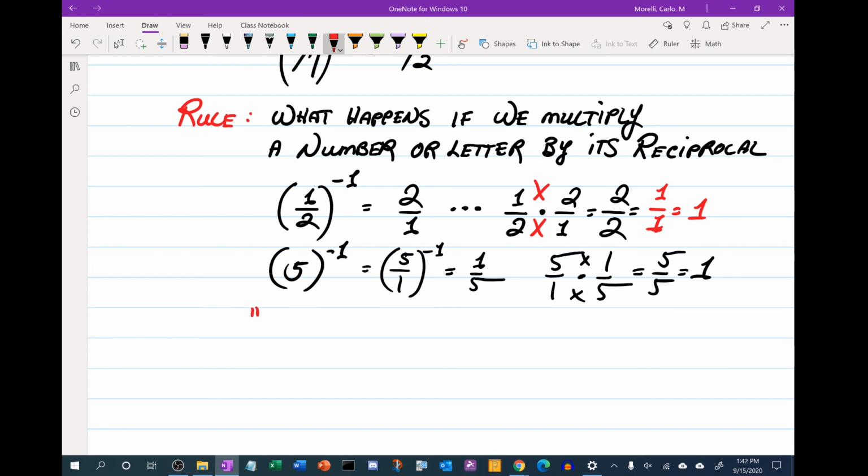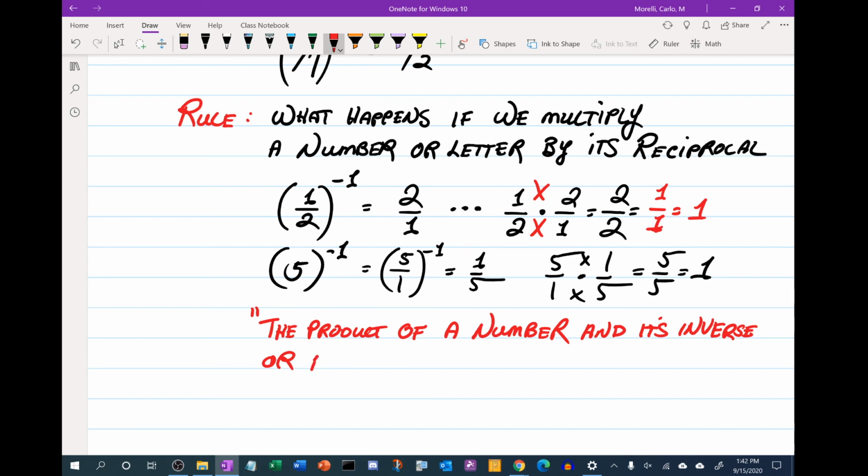Ready? Write this down. The product means multiply. The product of a number and its inverse or reciprocal is 1.